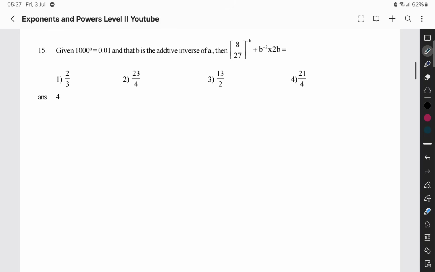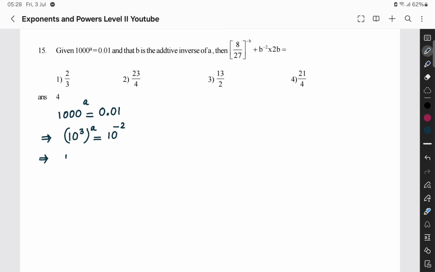Now look at this. It is given as 1000 power a is 0.01. So I can write this as 10 power 3 whole power a is 10 to the power of minus 2.